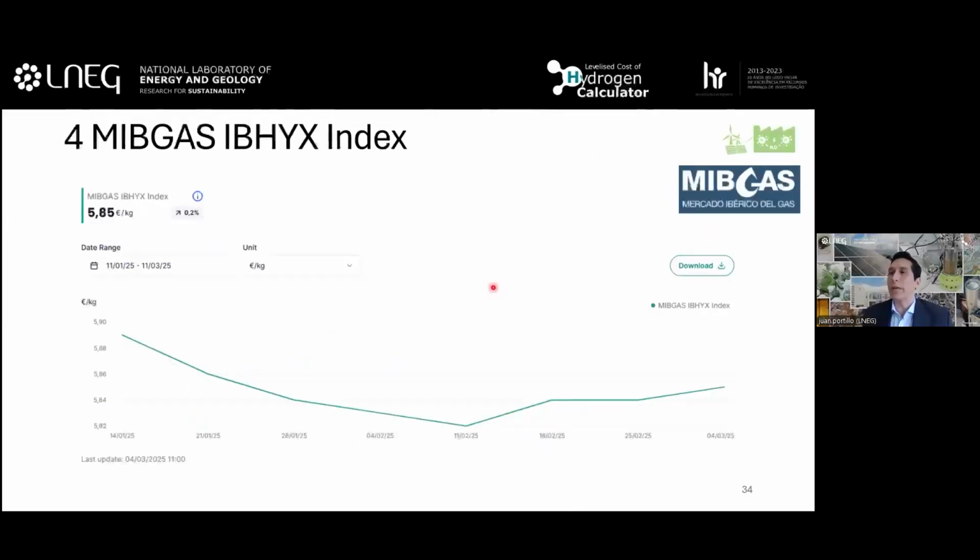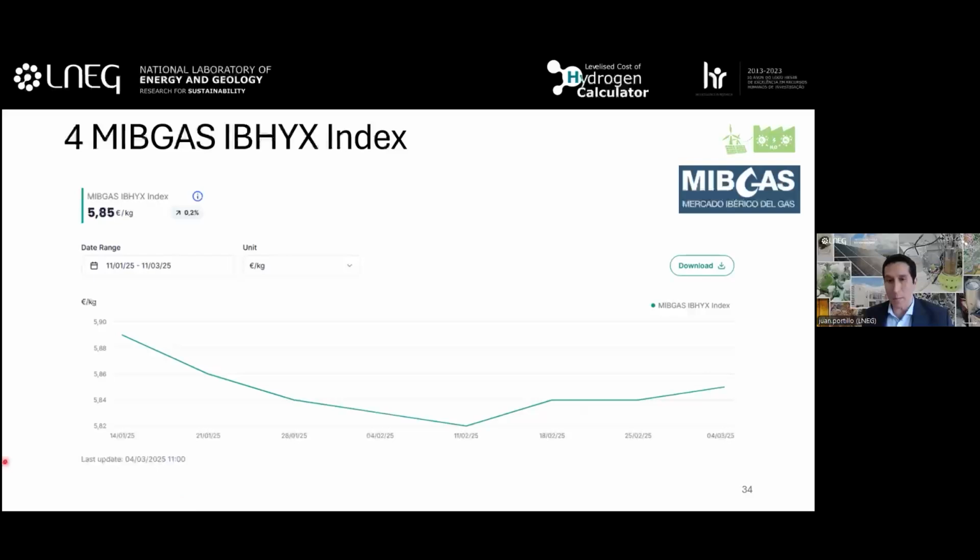Okay, let's go then to this example, the Iberian index for hydrogen. They are updating. I just entered just before this, and we have another point in here. The last point yesterday, for instance, was the 4th of March, and now they did it for yesterday. So every Tuesday, I think they update these values.